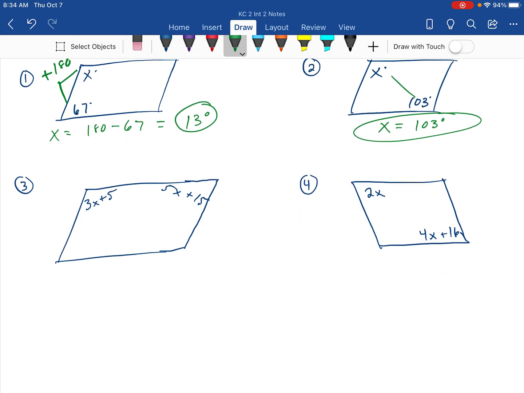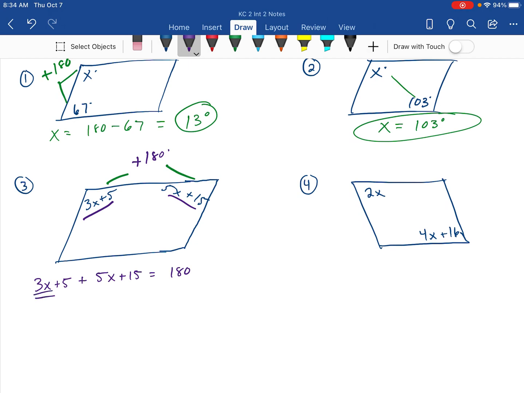Okay, now number 3, again, angles that are next to each other have to add up to 180 degrees. But here, I don't have a single number. I have expressions. Okay, but I can still go ahead and solve for x here, right? Because I know that 3x plus 5 plus 5x plus 15 are supplementary, which means that they equal 180 degrees.